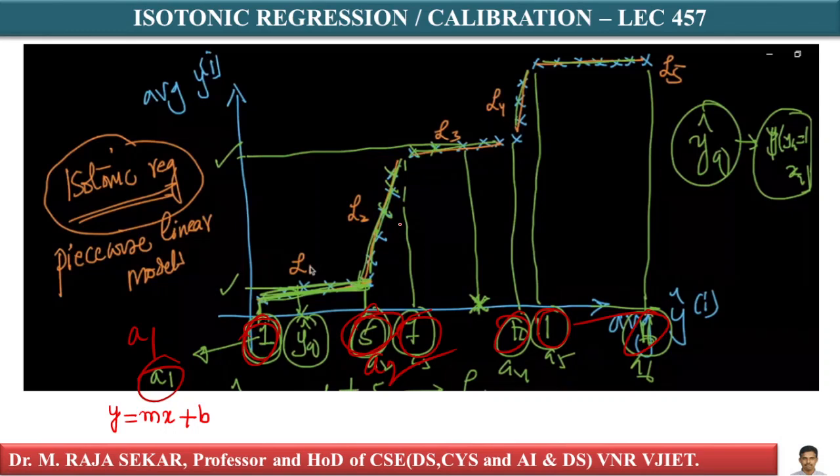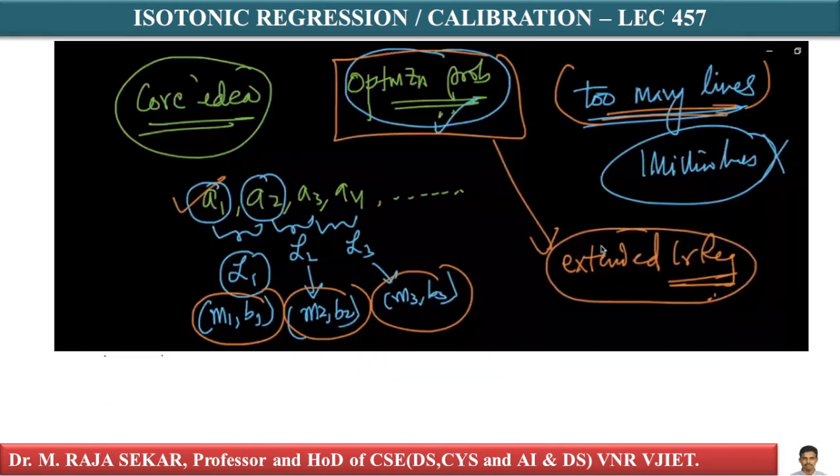So eventually we need to come up with A1, A2, A3, A4, and so on, and the corresponding regression lines. For example, between A1 and A2, there is a line L1, with slope M1 and intercept B1.